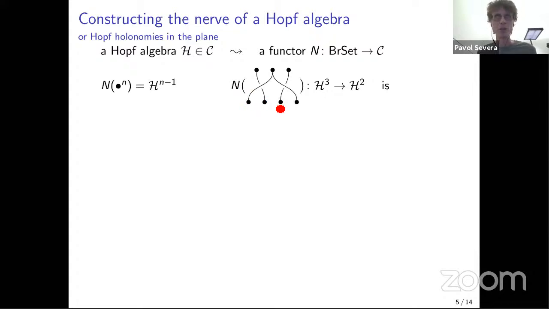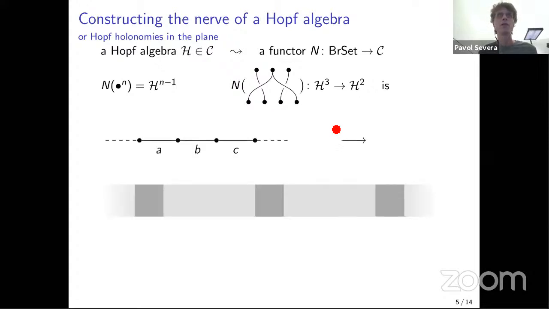How does it work for this example? It should be a morphism going from H power 3 to H power 2. You should somehow imagine that those three H's live on those links between consecutive dots. And here's how it works. So formally I'll write an element A tensor B tensor C sitting in this H power 3.